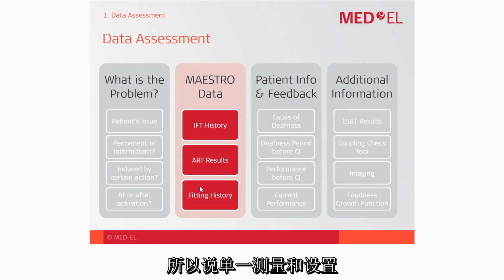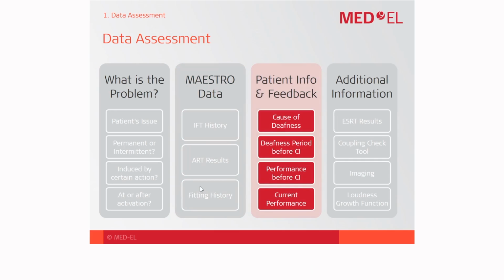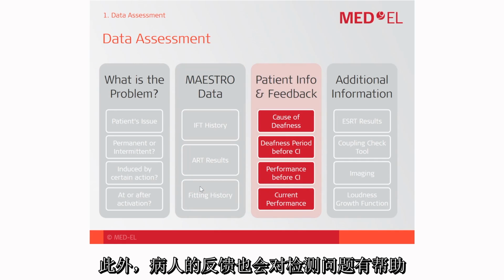So as always, single measurements and the settings are not as helpful as if you have the whole history, a whole series of different measurements available. The patient information and feedback is for sure also valuable information when we assess a problem in the field.